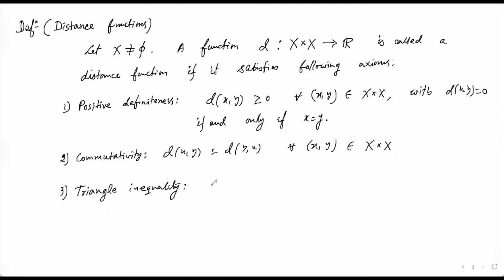It says that d(x, y) is less than or equal to d(x, z) plus d(z, y), and this happens for x, y, z belonging to X.